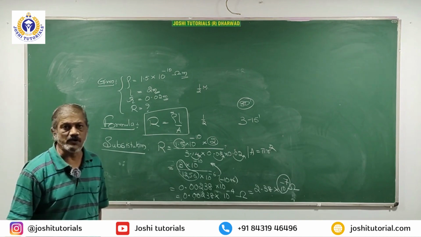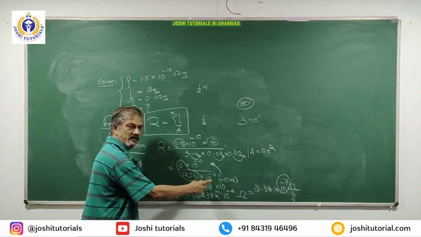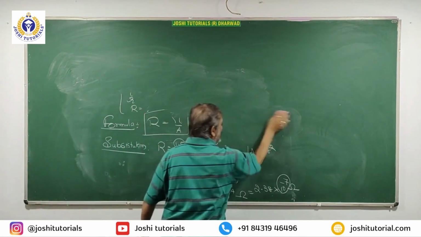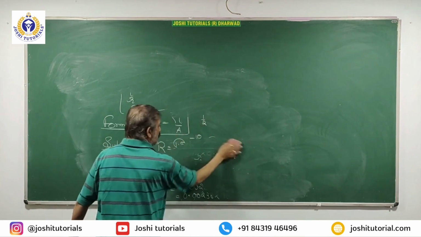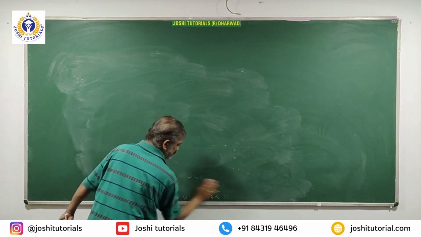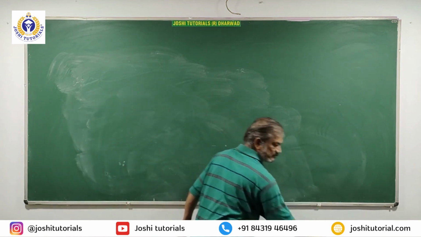Okay, next we go to another kind of problem. I think you have understood. So dear students, we go to the next problem. In this problem, we are going to calculate electricity bill. How to calculate?